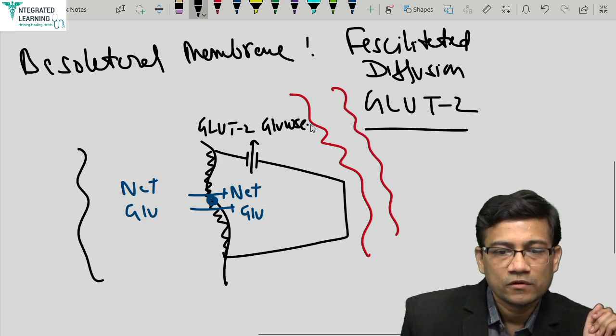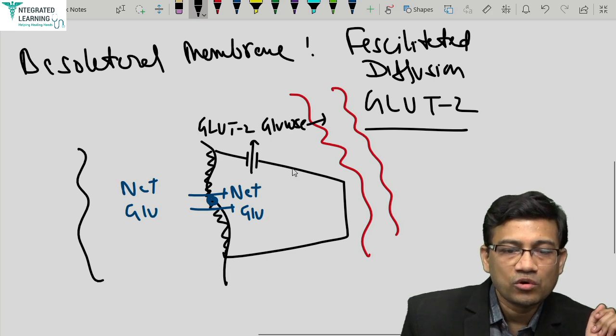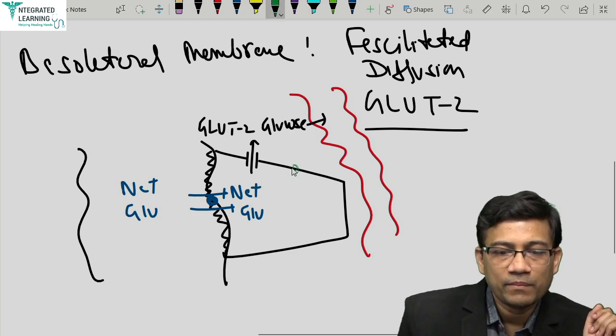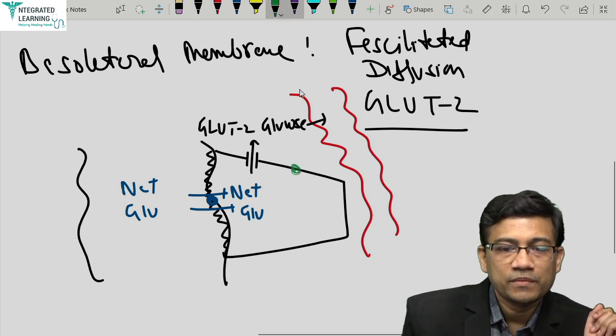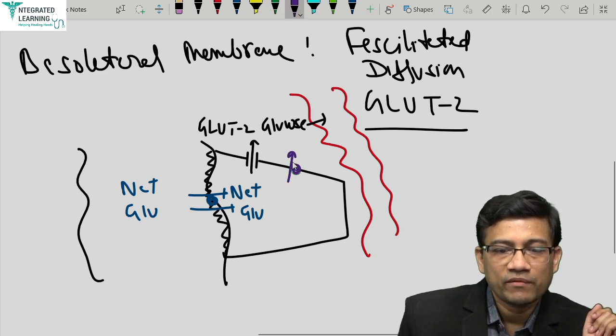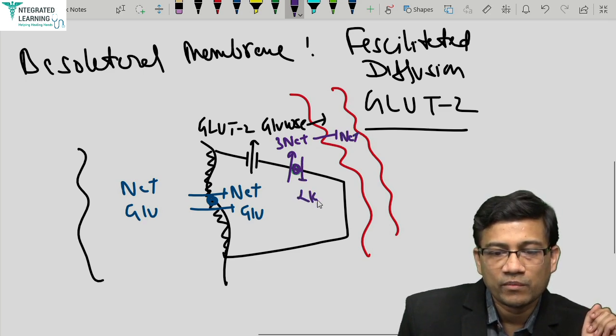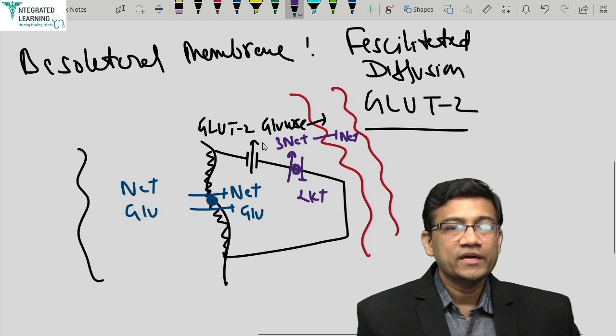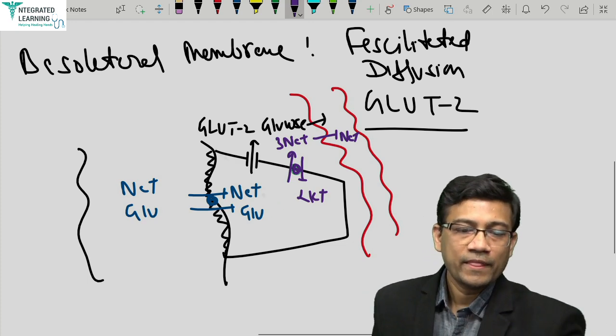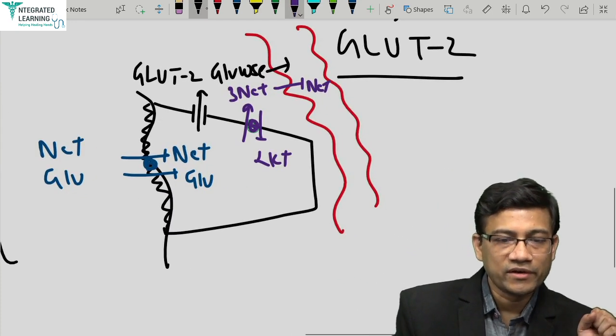Okay, fine. And it is also having the pump. Which pump? The sodium potassium pump, which is pumping 3 sodium out, which also enter the blood. Okay, and bringing potassium from blood, as we all know. So that is why this is primary active, and this is secondary active. So I'll write down.